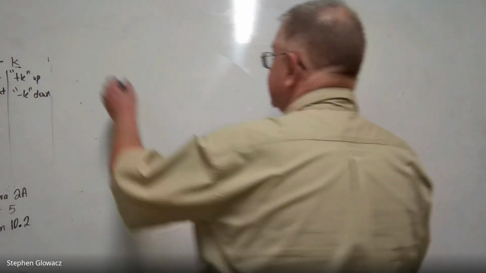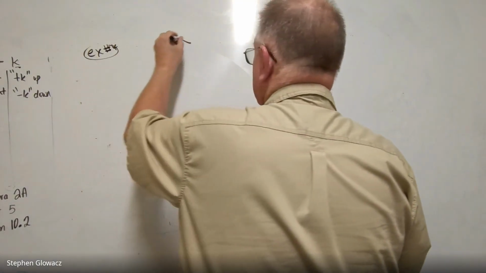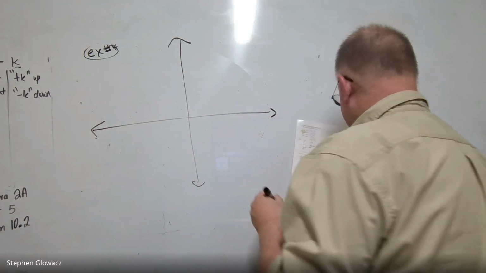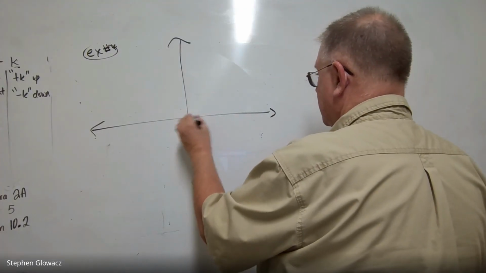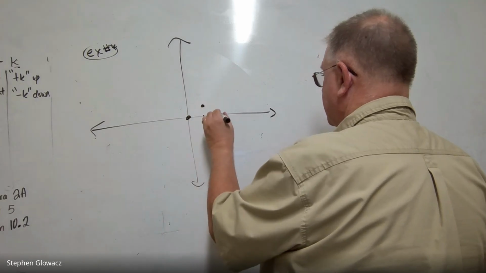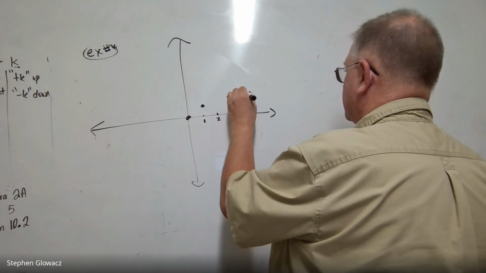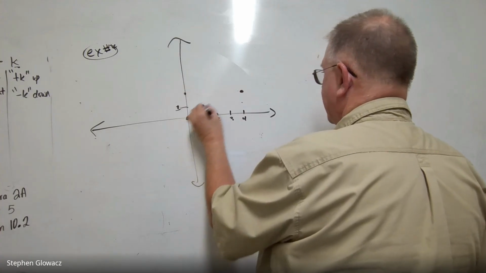All right, so let's take a look at an example for number 4. What we're going to do is they're going to give you the parent function. So we've got 0, 0, 1, 1, and 4, 2. Okay, so that's our parent function.